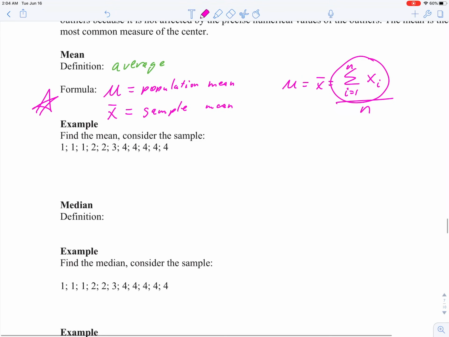Okay, so let's try an easy one out here. Example, find the mean. So use this data set. I know this is kind of the long way, but it doesn't matter if we use mu or x bar in this case, because it doesn't say whether it's a population or, actually it does, I'm sorry. It does say sample. So we're going to use x bar. So we add all these up. 1 plus 1 plus 1. And we keep adding all the data points up.